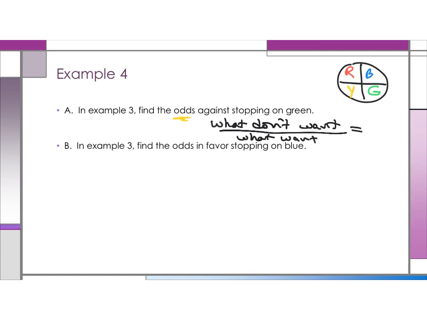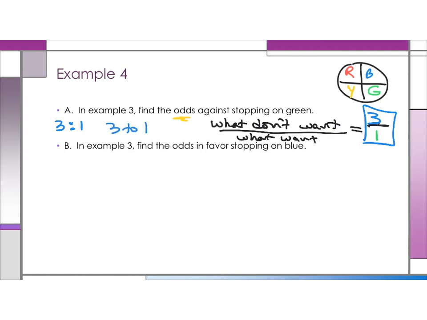We wanted green to be on the bottom, and it only occurs once. And then everything else, the red, the blue, and the yellow, there's 3 of those, so 3 to 1. You could write it as 3:1. You can write it as the fraction or with the word TO.